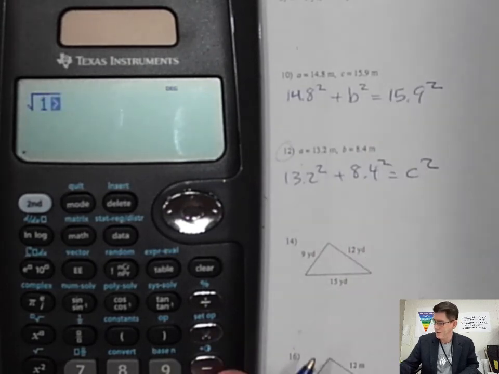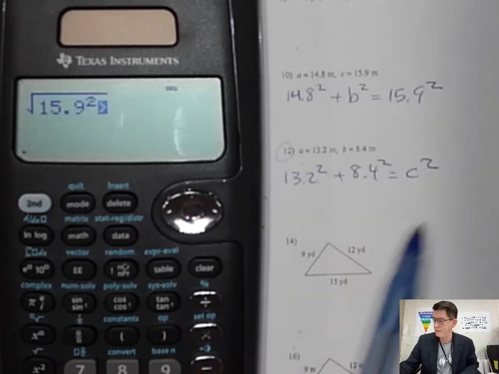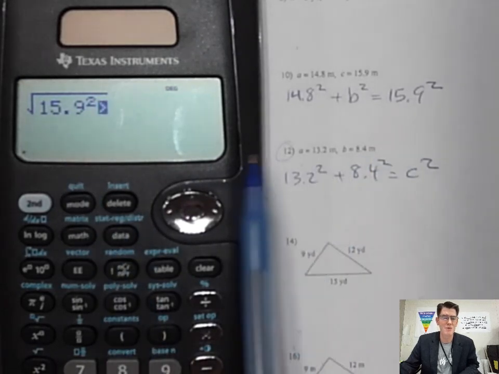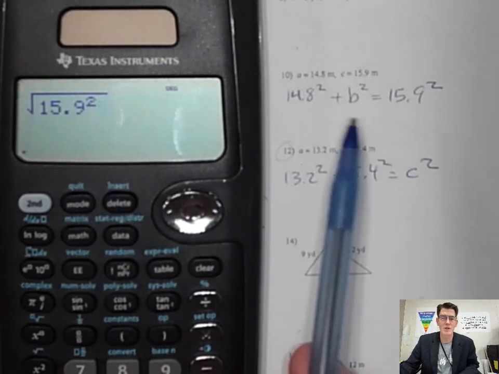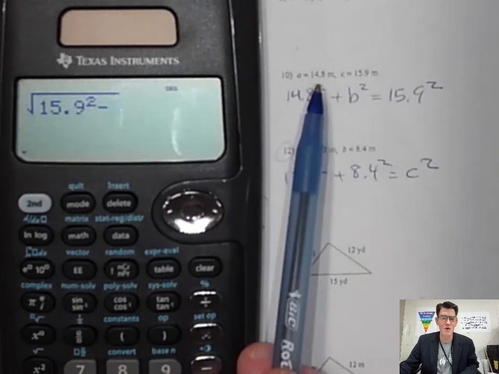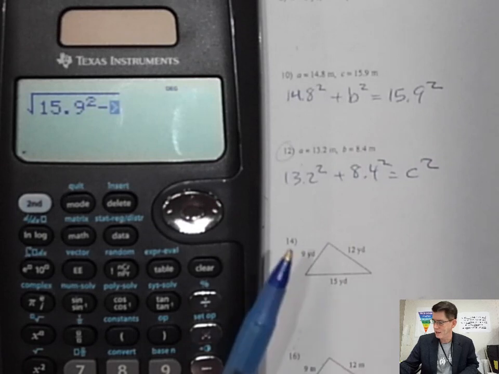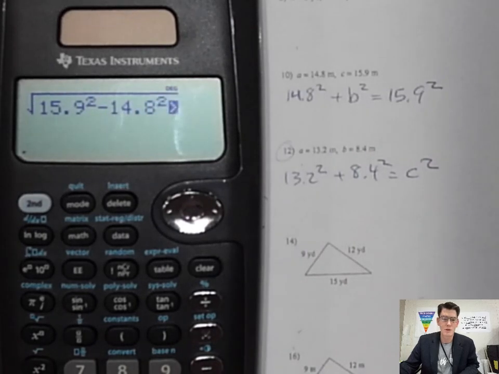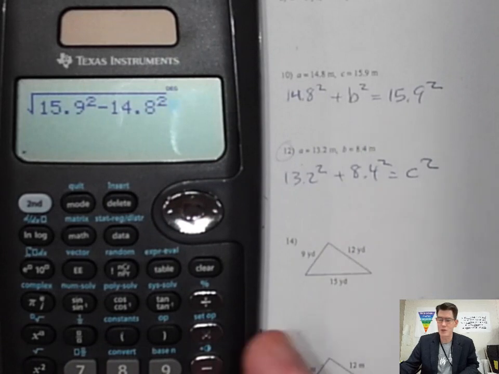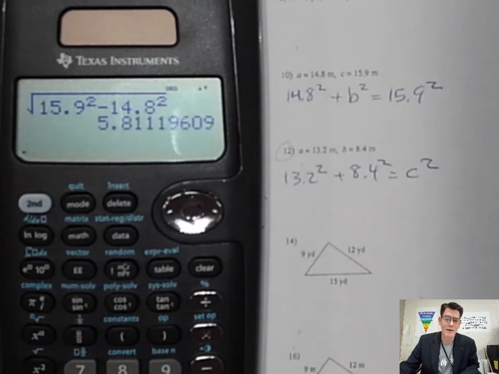But I know that 15.9 squared, that's this one. I'm taking the square root because I'm doing all these steps in one. 15.9 squared, and then I subtract off, just bring this entire 14.8 squared to the other side. 14.8 squared. If I do that, and then take the square root, because that's b squared, and I hit enter, there's the number right there.